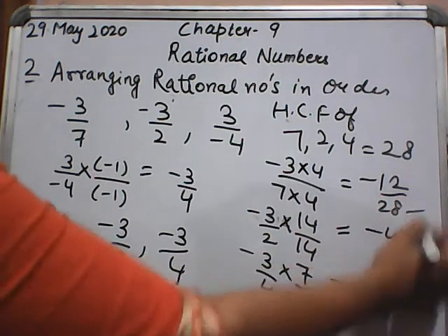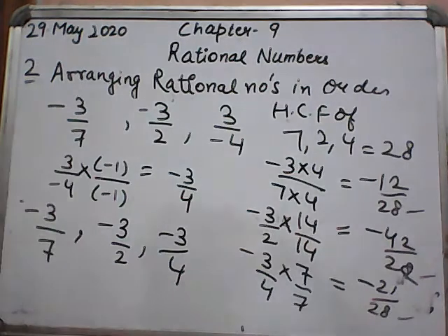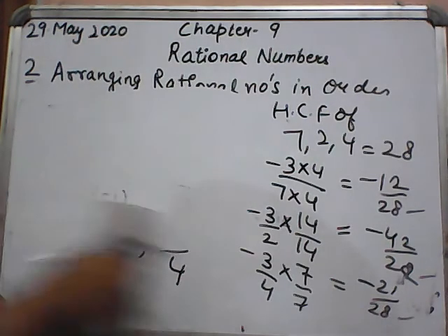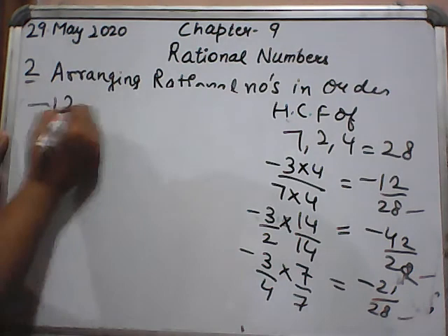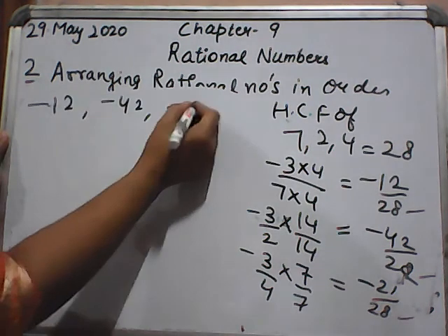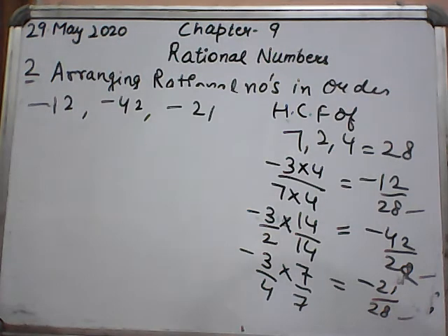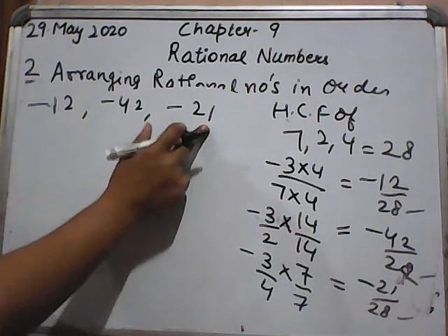Now we have made the denominators same. Now arrange the numerators in desired order. Ascending order, minus 12, minus 42 and minus 21. Ascending order means you have to arrange the smallest number at first place. Which one is the smallest number?